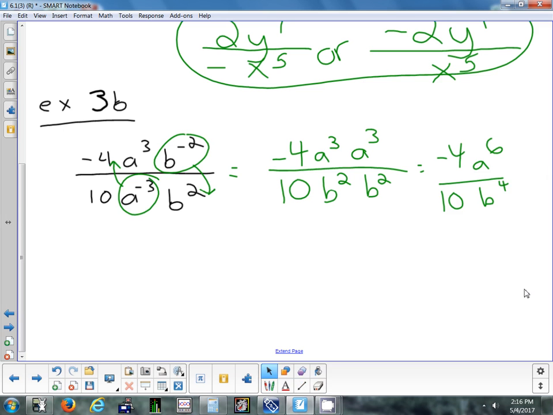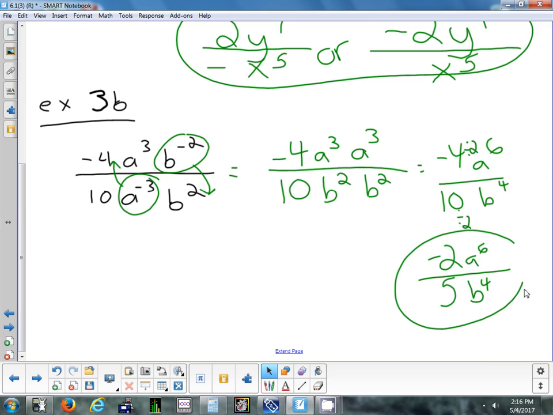What number am I going to divide into them? What number goes into both? 2. So I'm going to divide this by 2. I'm going to divide that by 2. So -4 divided by 2, careful, -2. A to the 6 stays. On the bottom, 10 divided by 2, 5. B to the 4. Here's my final answer right there.